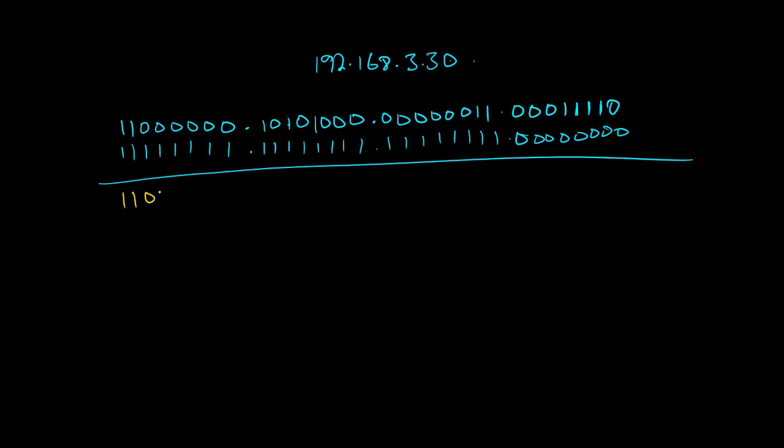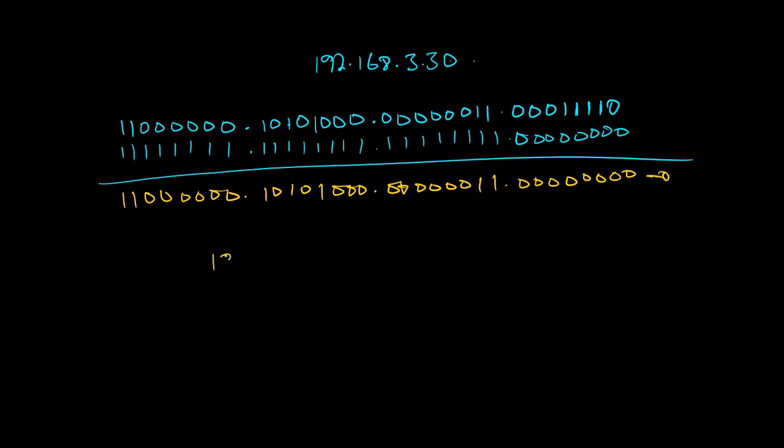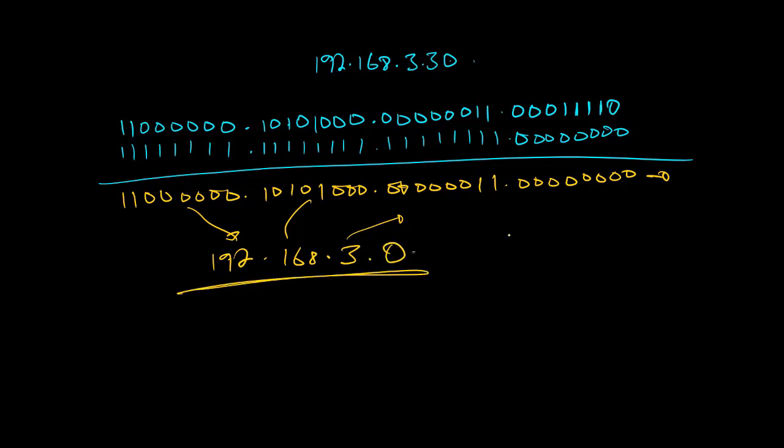It will get 11000000.10101000.00000011.00000000. Let's get this to decimal. 192 from here. Dot 168 from there. Dot 3. Dot 0. Was it the same as that of PC1? No. Now PC1 knows that guy is not on my network and it won't send packets.